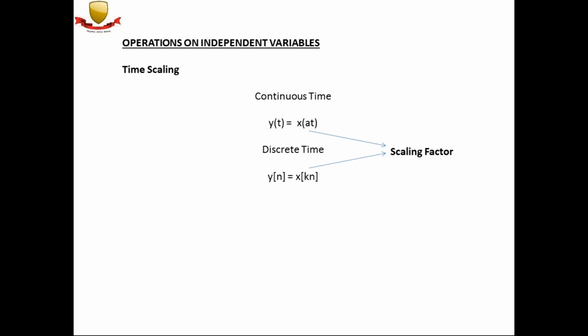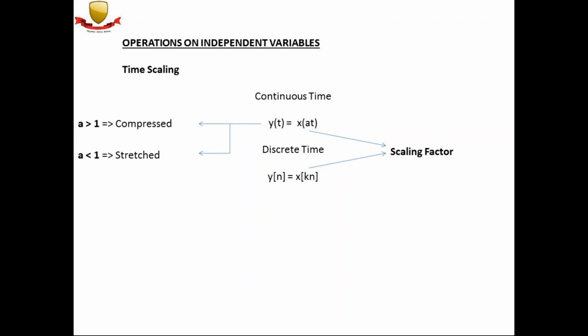Now, first case, that is A is greater than 1. In that case, your signal will be a compressed version of the original signal. Okay, it will get compressed. I'll show you an example also. Case number 2, if A is less than 1, in that case, your output signal will be an expanded or stretched version of your original signal.